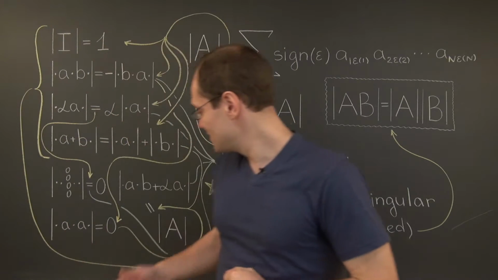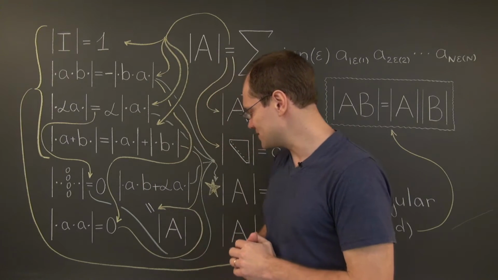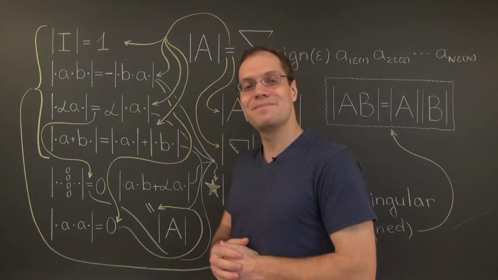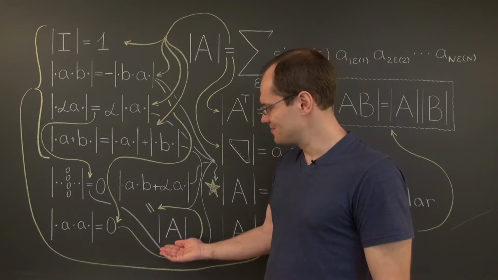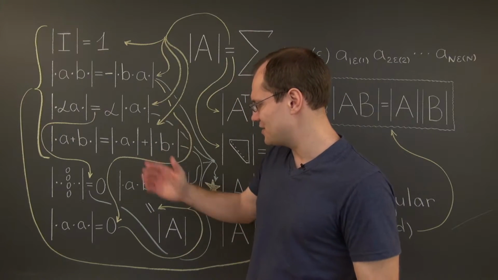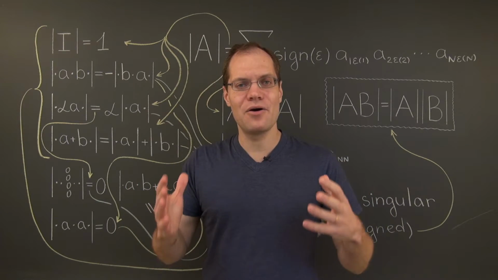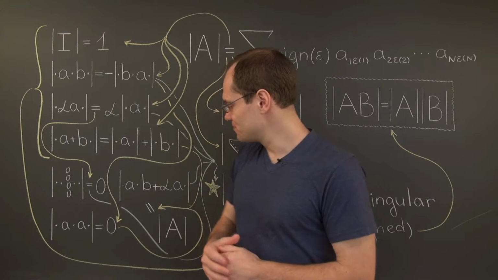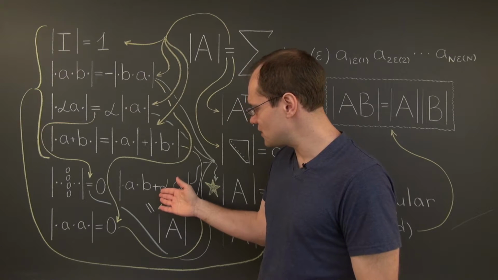Well, now let's get back to this property, let's say in terms of columns, and say what happens when we add a multiple of one column to another. Well, nothing happens. The determinant remains unchanged. This is the only way this equation fit on the board. And we can prove right here now why the determinant remains unchanged. Very simple proof. Look at this matrix. It has a sum of two vectors for a column.